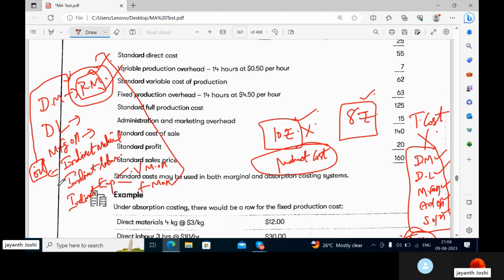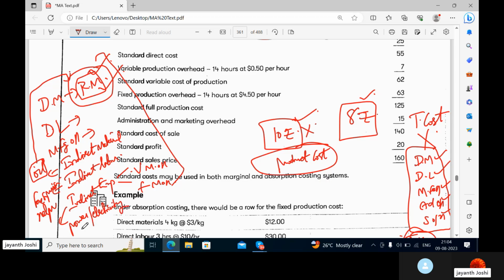Indirect labor is nothing but the ones used for packing purposes, factory supervisor, helper, all this. Indirect expenses can be anything like power, electricity. These are all required to run the machine.